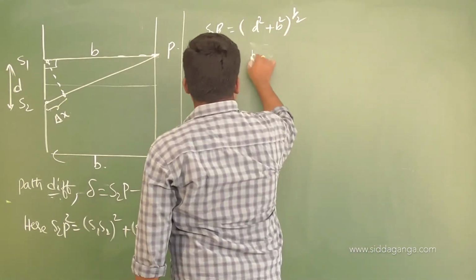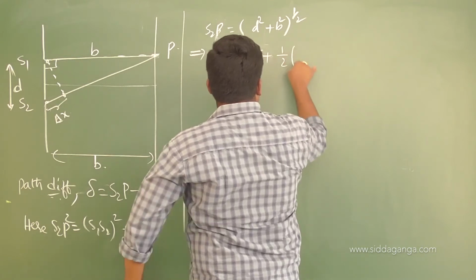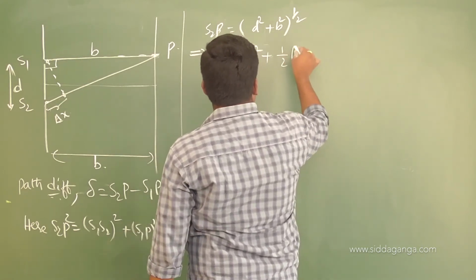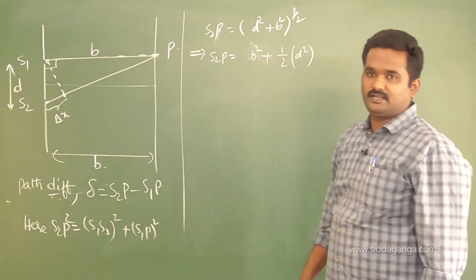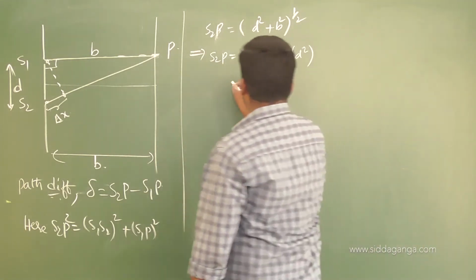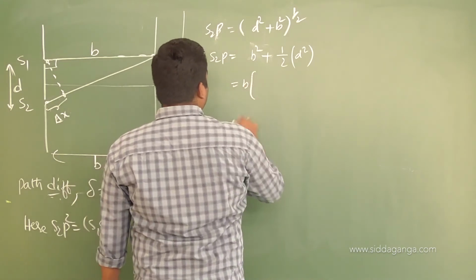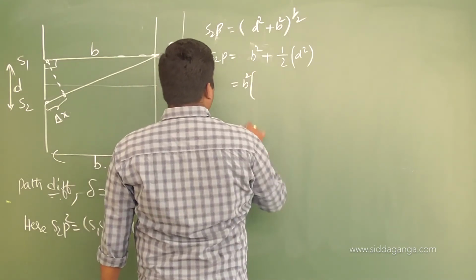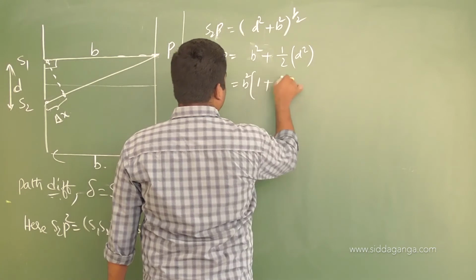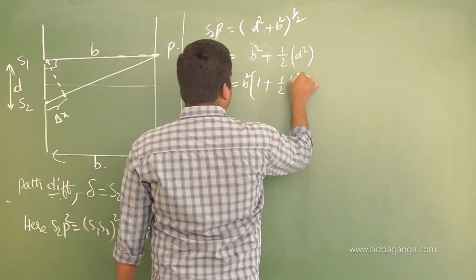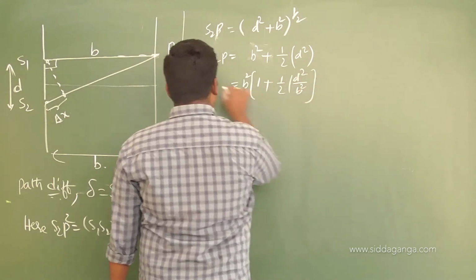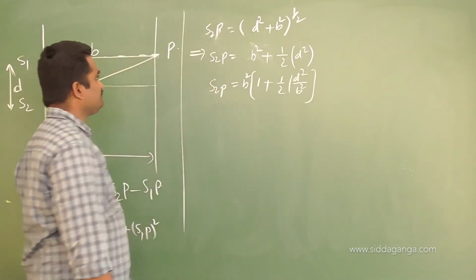This is B square plus 1 by 2 into d square. If I take B square common, what else is remaining? 1 plus 1 by 2 into d square by B square. This is the S2P we got.